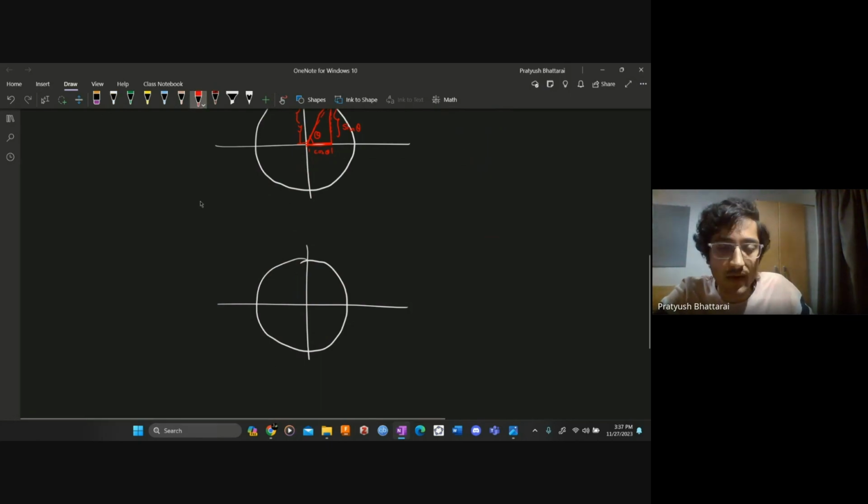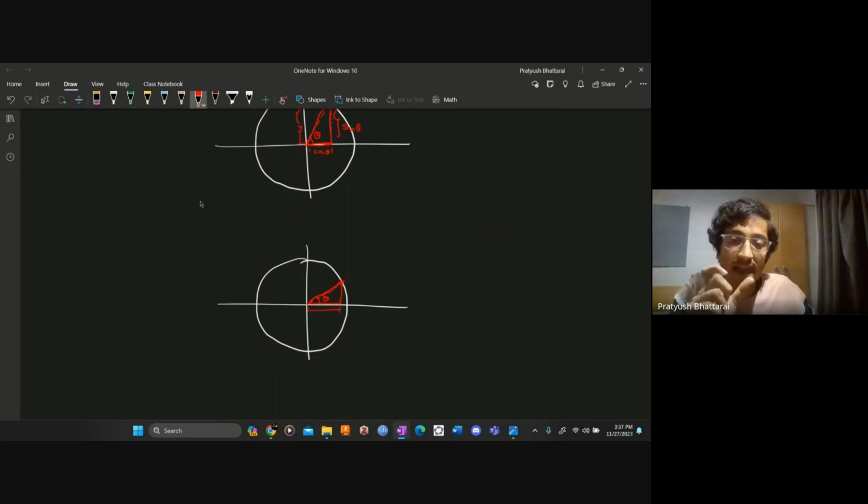To make my point a bit clearer, imagine you're moving around this circle. When you're at this place and you draw this right angle triangle, it is going to have some angle theta, and corresponding to this angle, this triangle is going to have a certain length for the base and a certain length for the height.